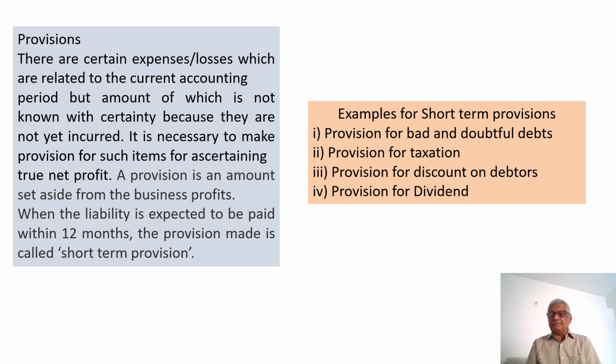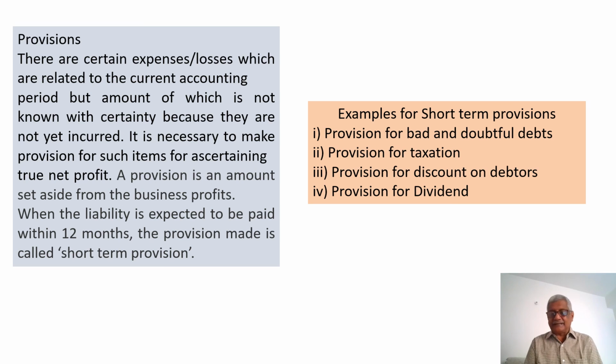So, whatever may be the profit that is generated, I keep aside a part of the profit as a provision for payment of dividend. Similar is the case of a provision for taxation, provision for bad and doubtful debts, which I am not sure exactly, but some of them may become bad and doubtful, and provision for discount on debtors.